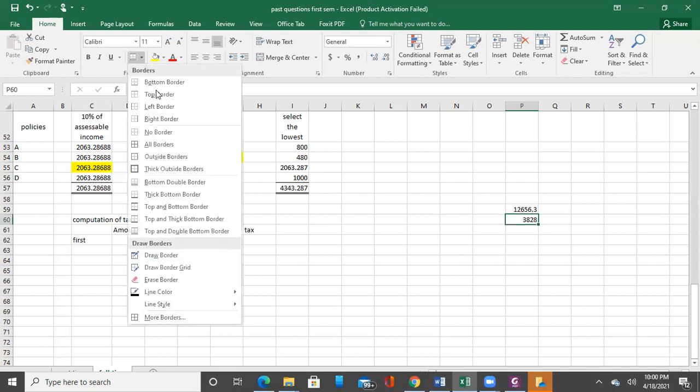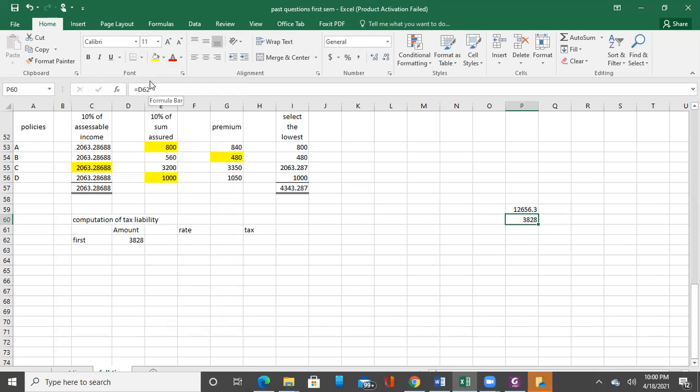So if they have counted 3828 from this 12656 and still there is more money left, then the next bracket of 1,200 should attract a tax of 5%.